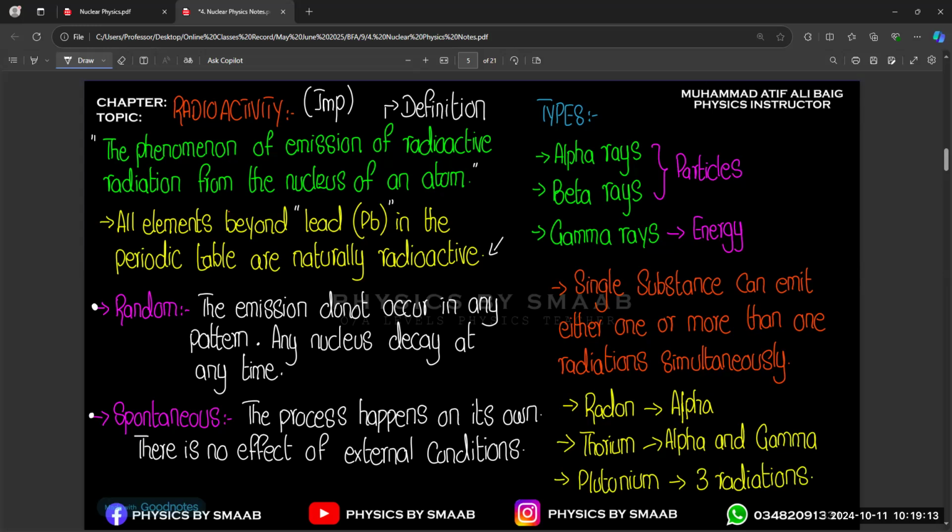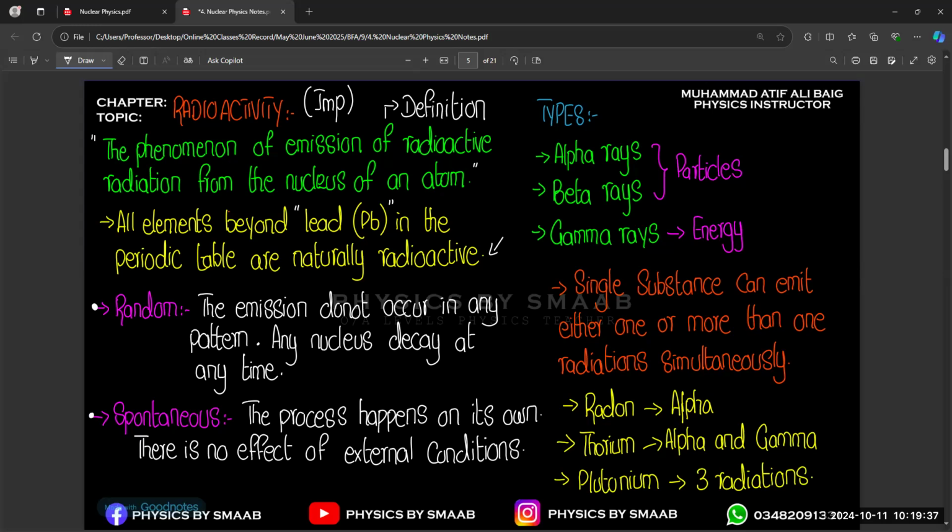But in radioactivity, the process is spontaneous. Spontaneous means that if you change external conditions, like the temperature, pressure, or volume of your surroundings, there will be no effect of these changes on radioactivity.